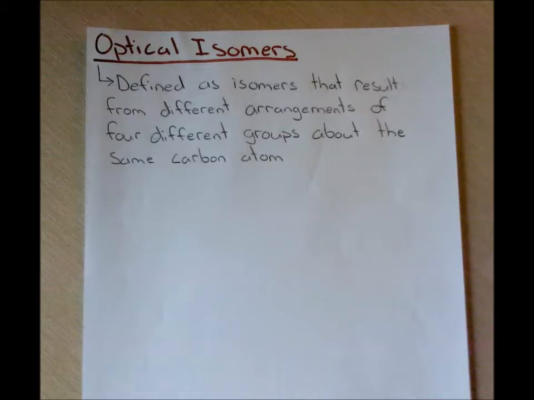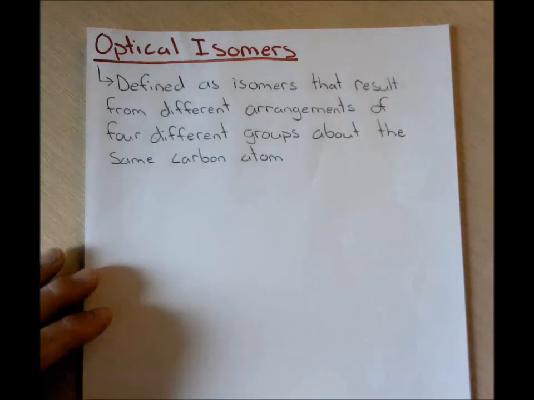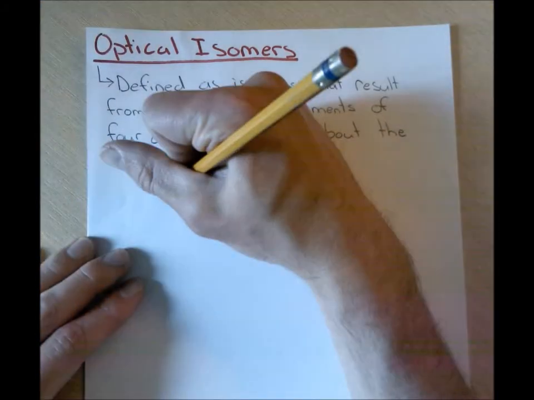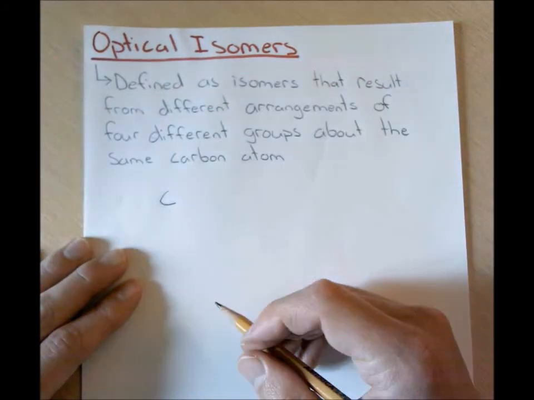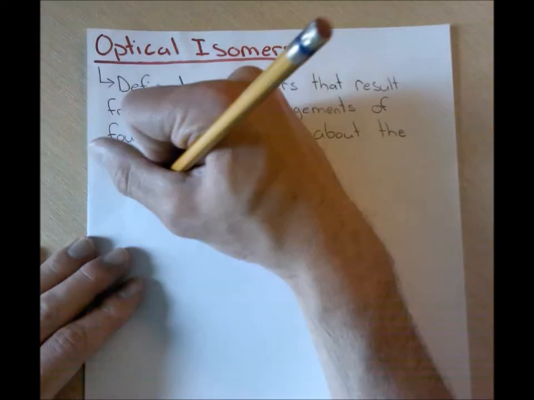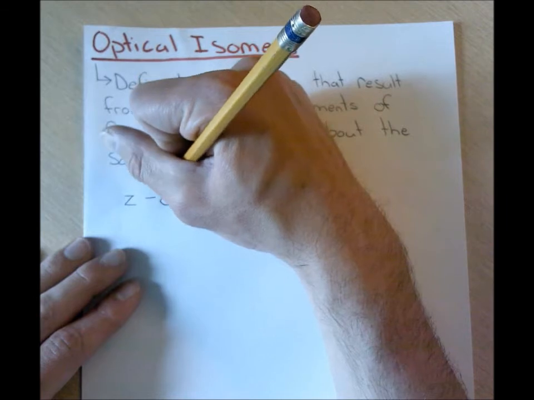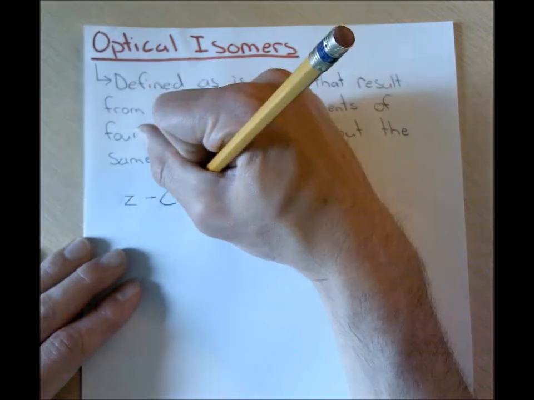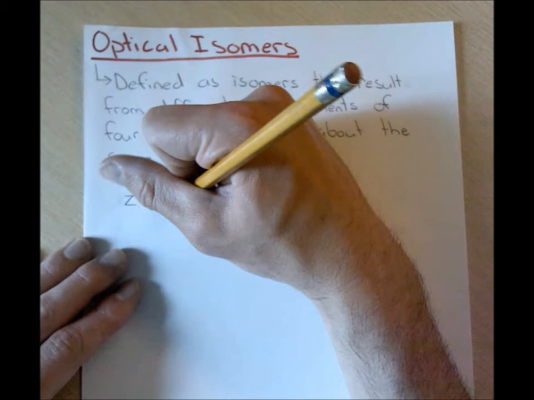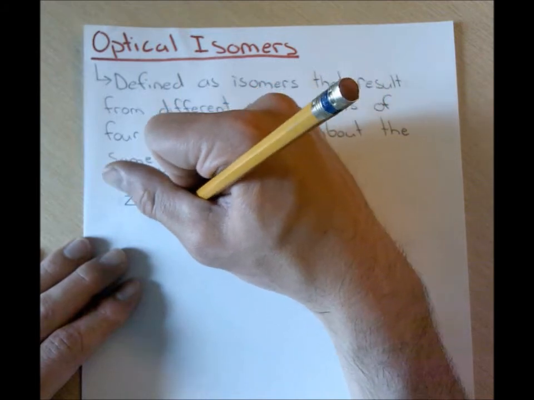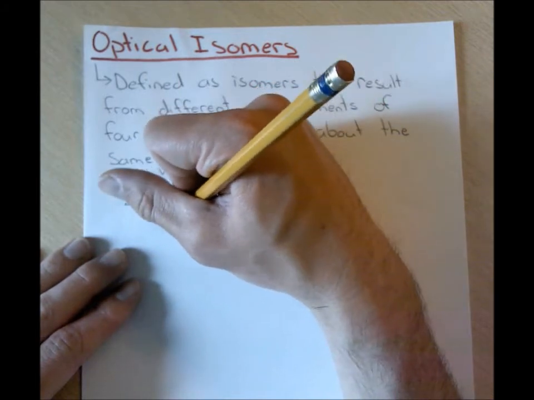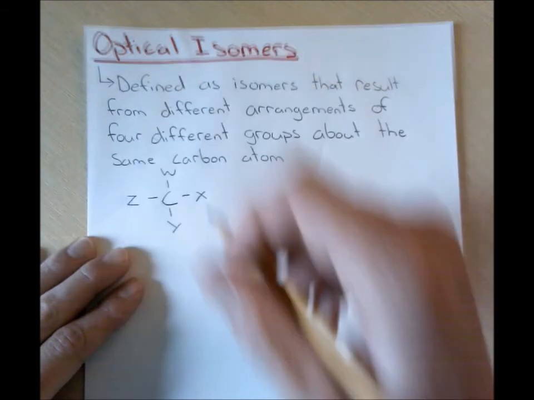So this is a little bit more difficult to see, so I'm going to give you a generic example. Let's say we have our carbon here, and we have 4 different attachments. I'm not going to use any element or any particular example, but we'll just call these W, X, Y, and Z. And each of these letters that surround the carbon are different.